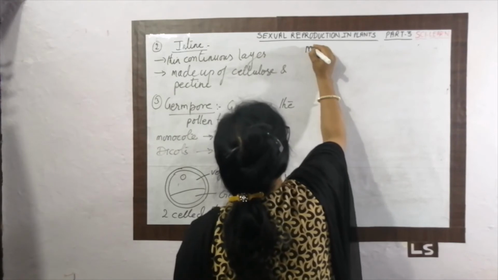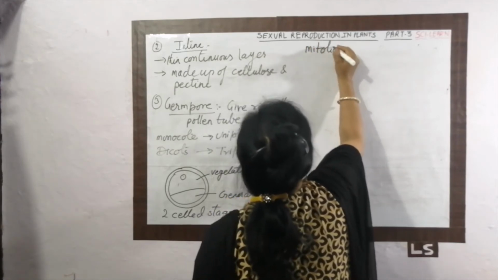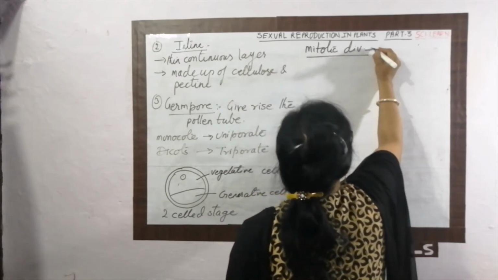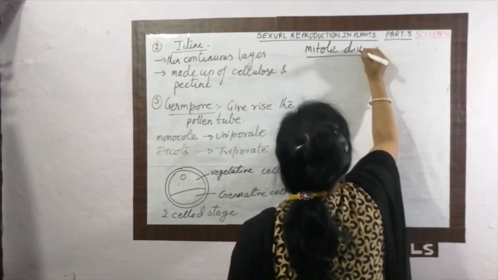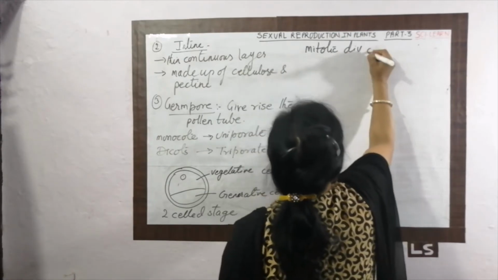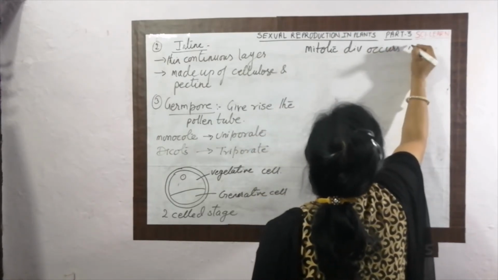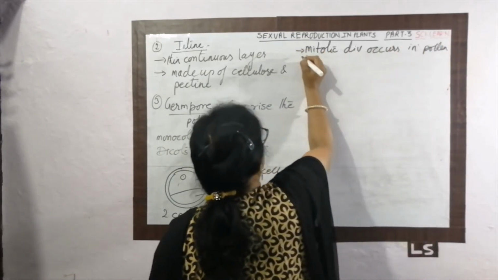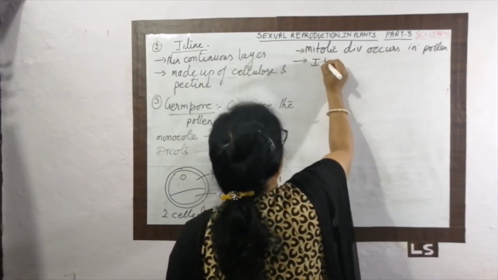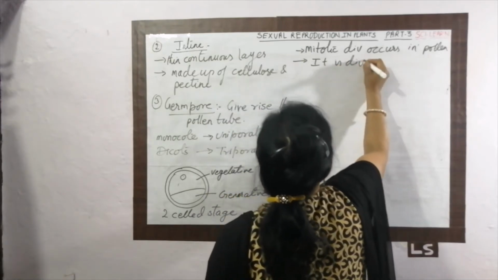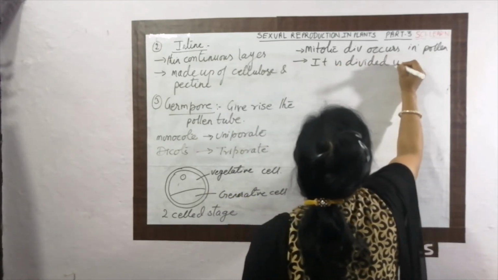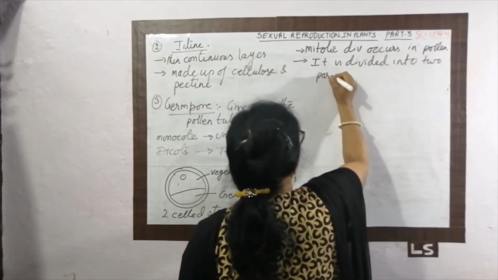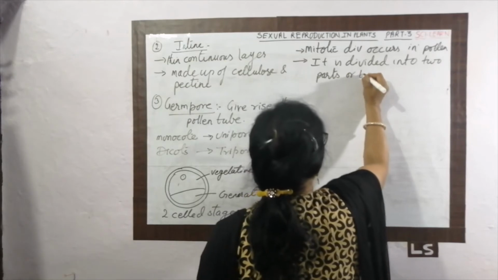The pollen is divided into two parts, two cells are formed.